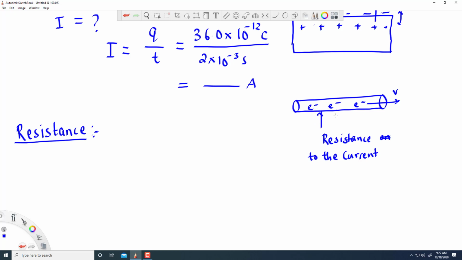So when the electrons are flowing in a conductor, they bump on each other, they hit each other, and that delays the flow. That causes the dragging of the electrons. Instead of moving smoothly, they hit on each other, and that causes the dragging of the electrons rather than flowing smoothly.